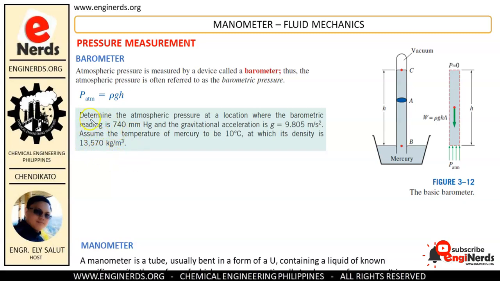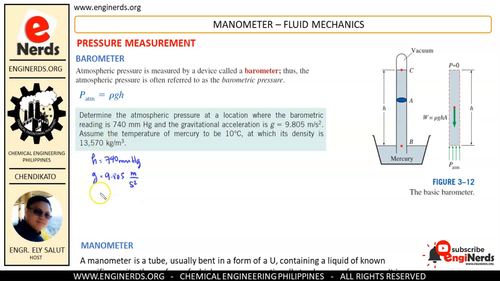Okay, so in here, the given quantities are: first, we have our barometric reading, which is the pressure head, and this is equal to 740 mm of mercury. Our acceleration due to gravity is also given at 9.805 meter per second squared.